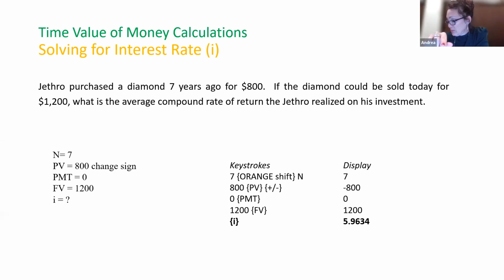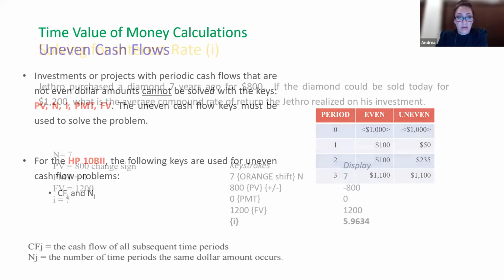You put your number in, like 800, then you hit the plus minus button so that it shows negative 800, and then you hit present value. Okay, great. Thank you. You're welcome. The book might show it this way too, just noting that it should be a negative number, but I'll fix that so that it flows and makes more sense for y'all. Thanks for letting me know.